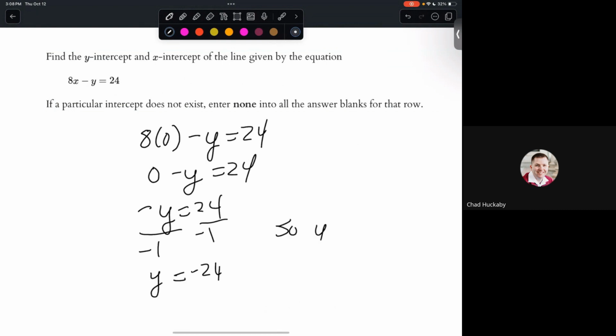So the y-intercept is negative 24. The location there, what you're being asked to give, is actually the point, the ordered pair. So the ordered pair in this case is (0, negative 24).